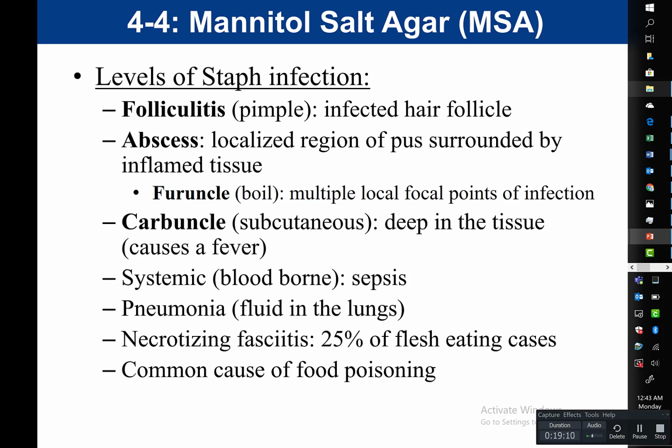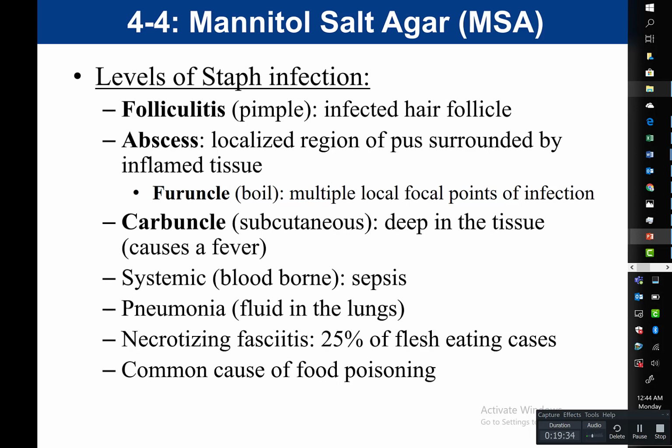We can also have staph causing pneumonia, which is going to cause a fluid buildup in the lungs. It can also cause necrotizing fasciitis, which is flesh-eating disease, where the bacteria is going to degrade the skin. Staph causes about 25% of all flesh-eating bacterial cases.